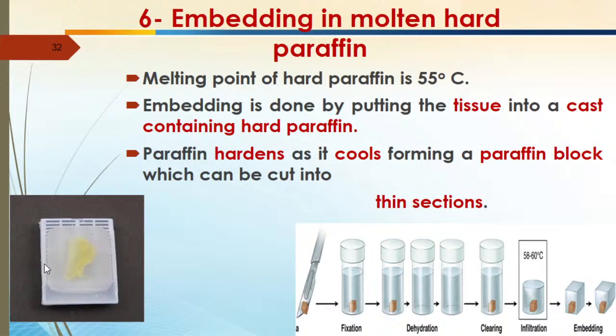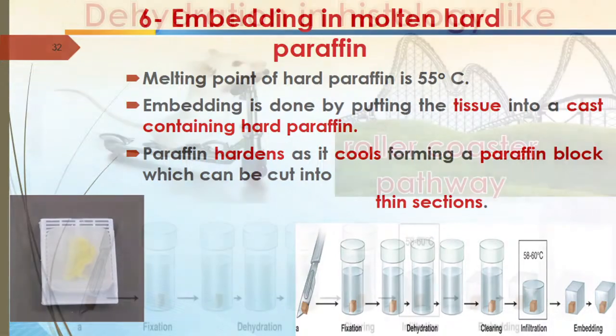This is a paraffin block, the hard paraffin area, and inside we can see the tissue sample. After that we use the microtome, a special device for cutting, to start the next process, which is named sectioning.